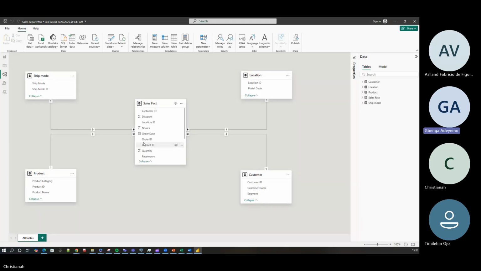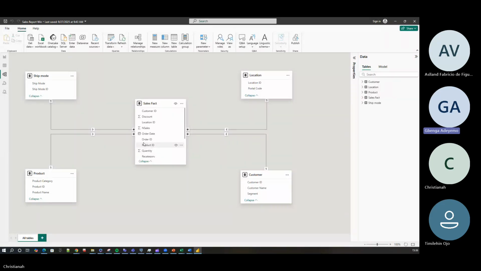After the customer's information is on the customer table, location will link to the customer, to tell you where each customer is located, where they reside. So it's not like sales linking to customer linking to location.